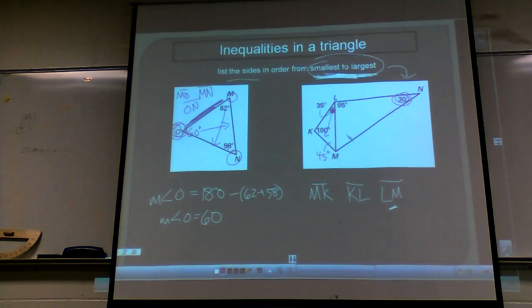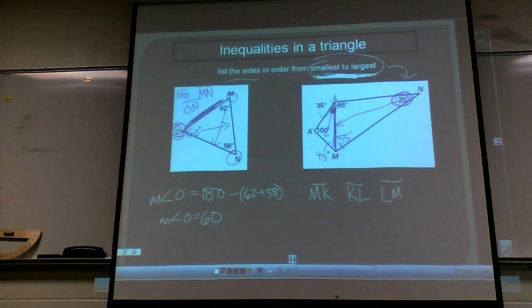Like if I found the other angle, it would be 55. So I know 30 is already smaller than 55, so that side is opposite the 30 degree angle, so I know it's the smallest of this triangle. Now, here's the thing, don't list it twice. It's only up there once. I'm not going to list it like LM and then LM again because it's the same thing. This just kind of links the two triangles together.